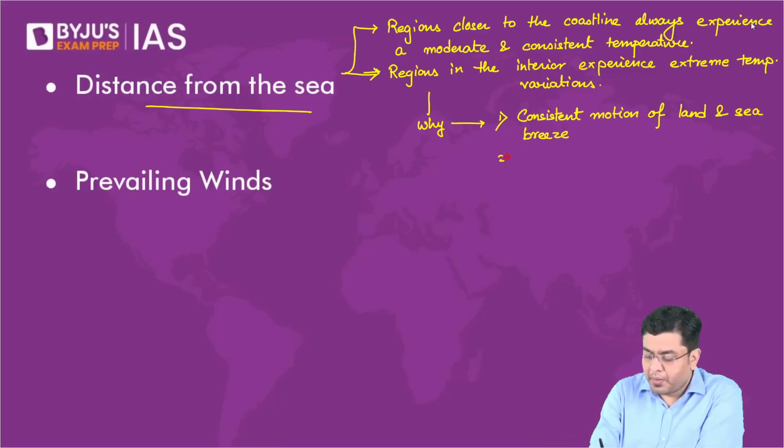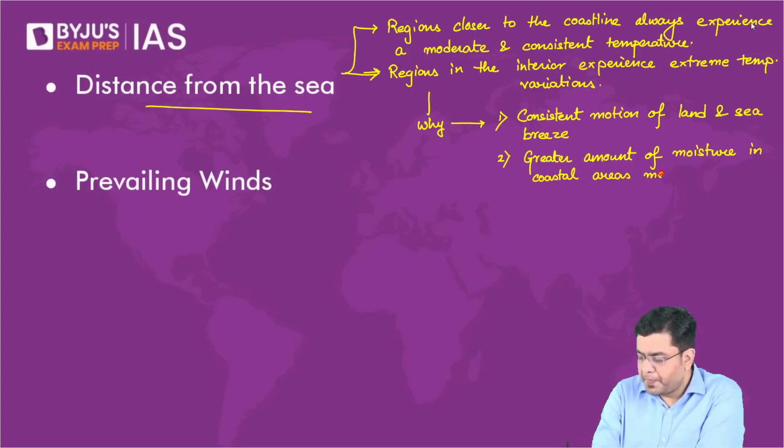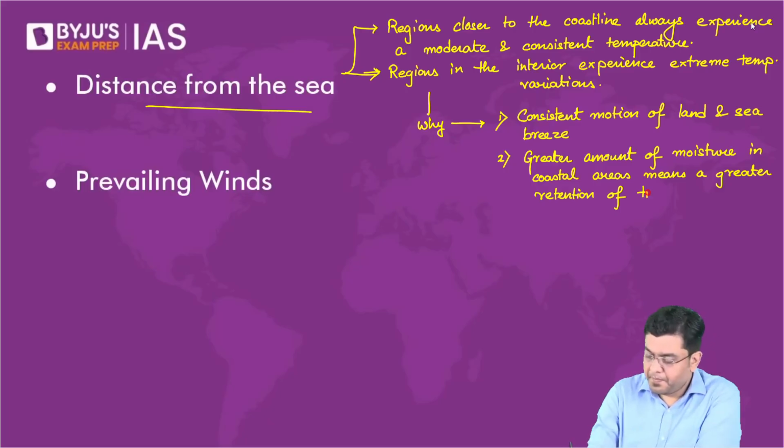And then, a greater amount of moisture in coastal areas means a greater retention of heat, and hence a consistent temperature.